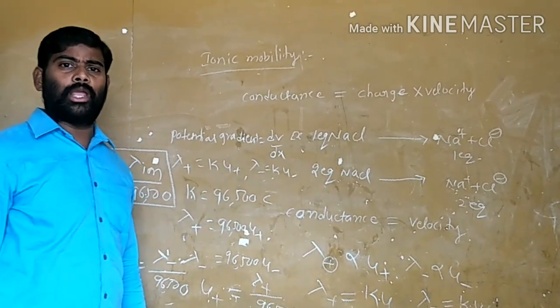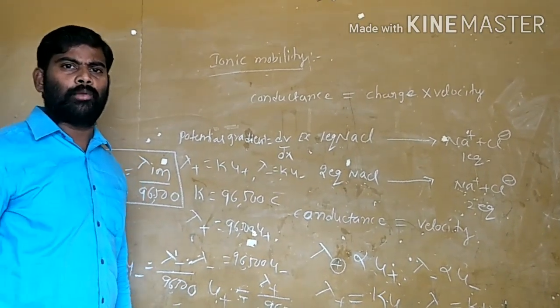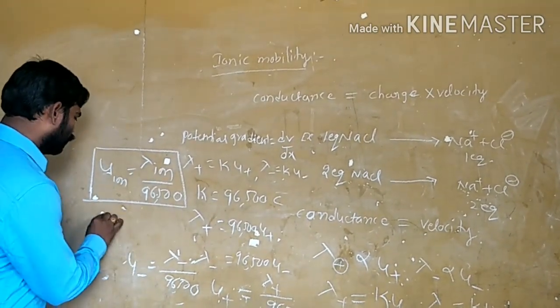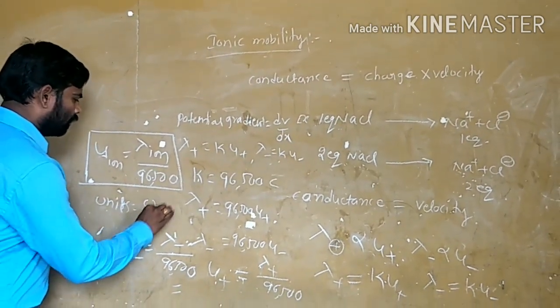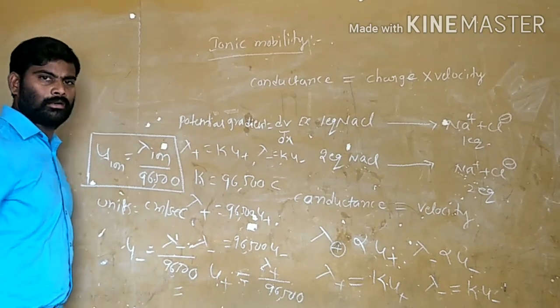Now, the unit of ionic mobility is centimeter per second.